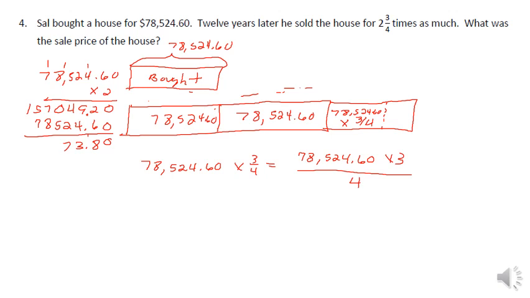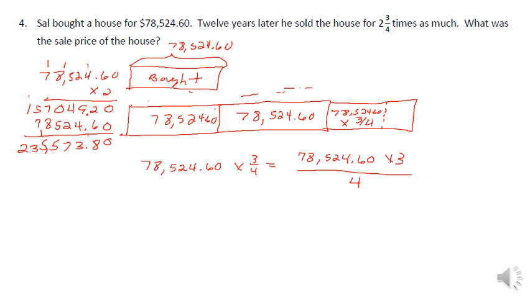That'd be 0, 8, 13, 7, 5, 15, 8, 13, and carry 1 for 2. So now we have 235,573.80.